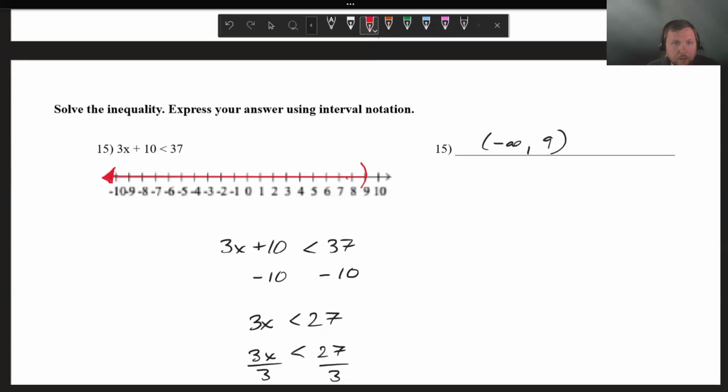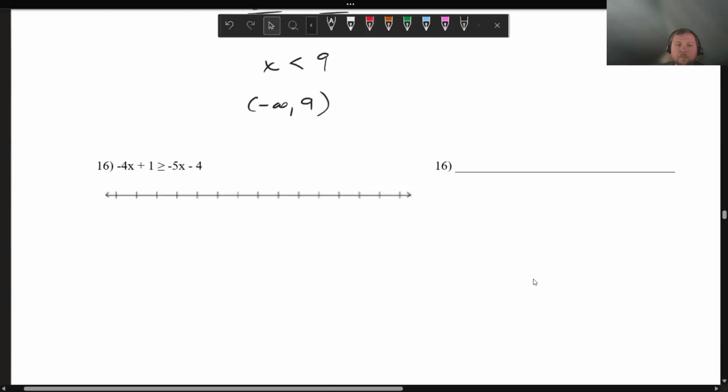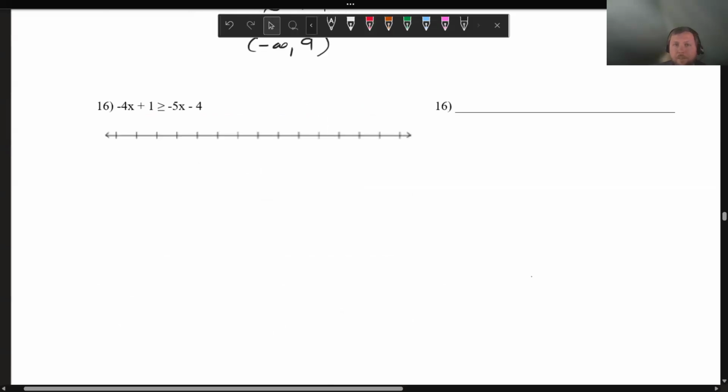And I put an arrow tip on there to indicate that it's going to negative infinity, just like that. And if you use the open circles and closed circles instead, that's fine. Okay, same deal, solve this and then graph.